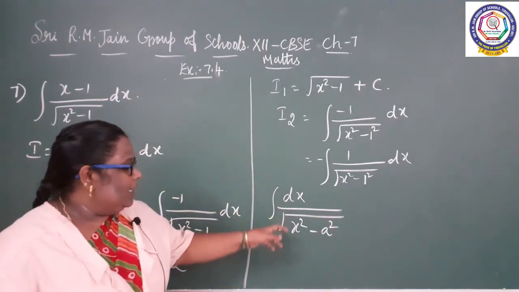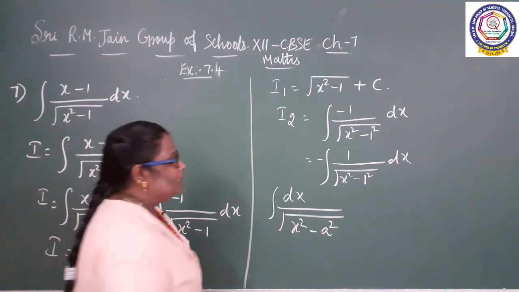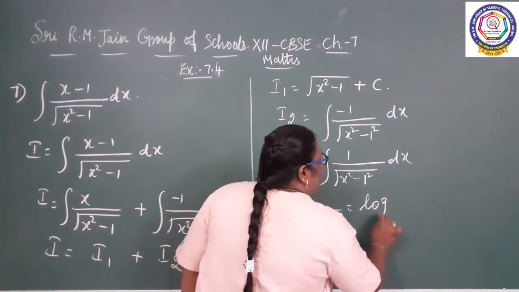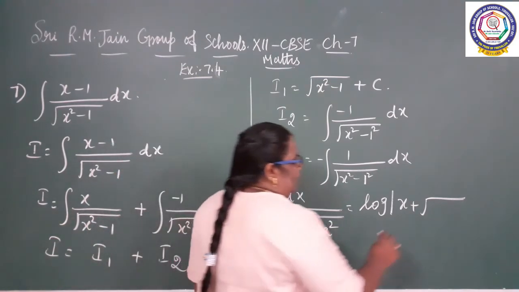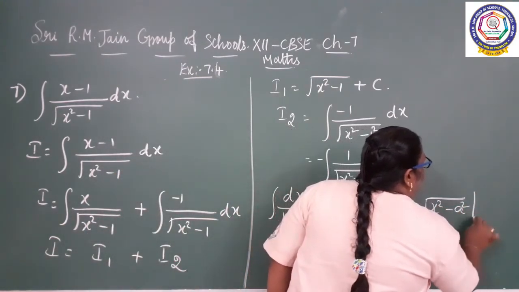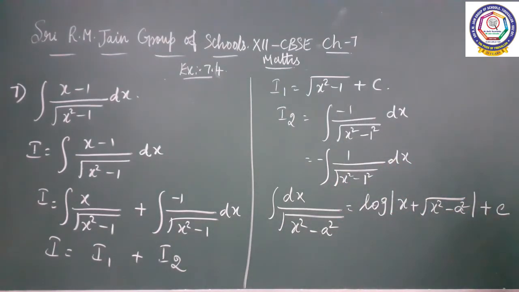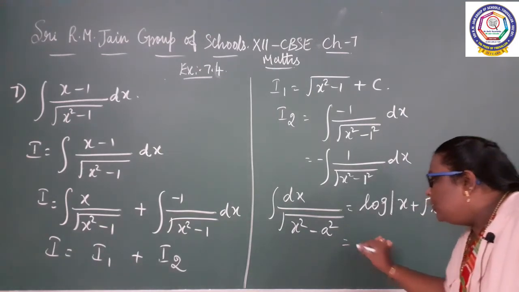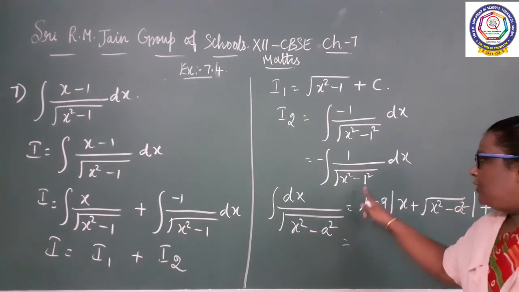The integral of dx by root of x square minus a square equals log of modulus of x plus root of x square minus a square plus c. In the place of x, x is there, and in the place of a, 1 is there.